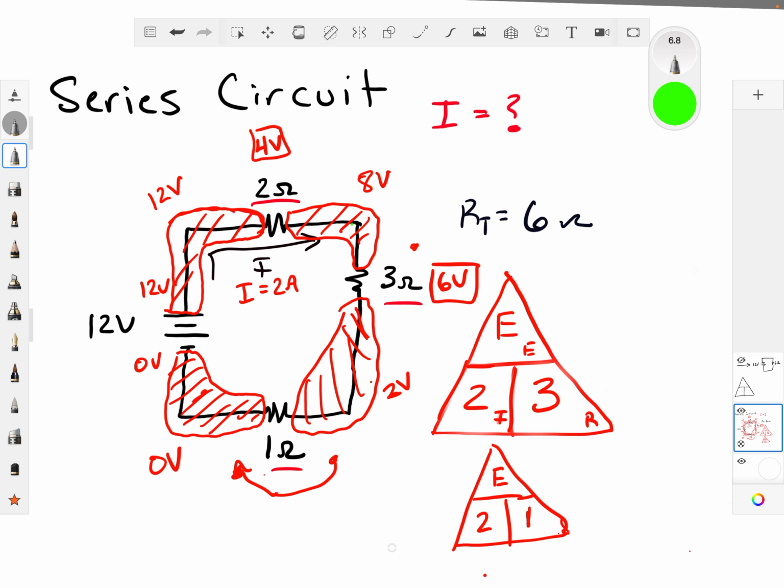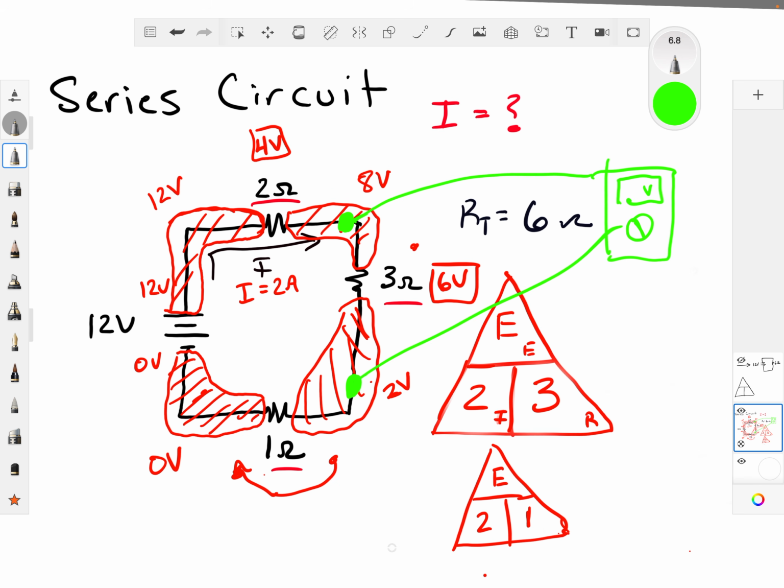So let me ask you just a quick question to see if you could understand this. So if I put my multimeter right here, 8 volts, and I put it right here at 2 volts, like a multimeter is going to be connected over here, like this, and it's going to have a screen. What would the multimeter read in voltage? Because what a multimeter reads is the difference between the two leads that you have.